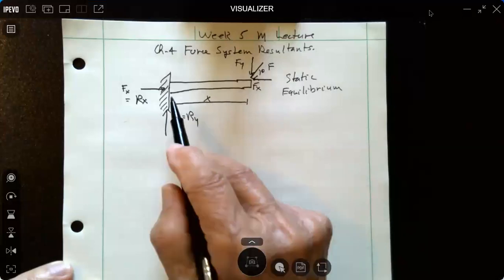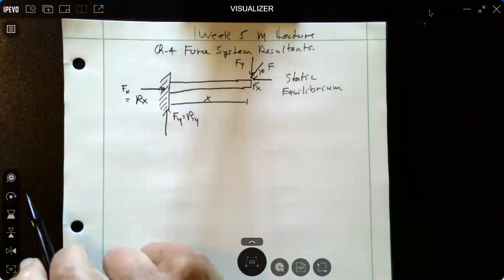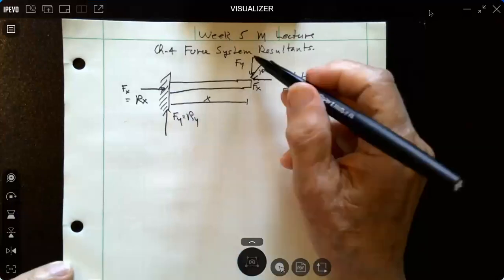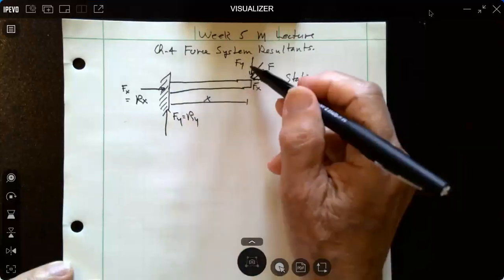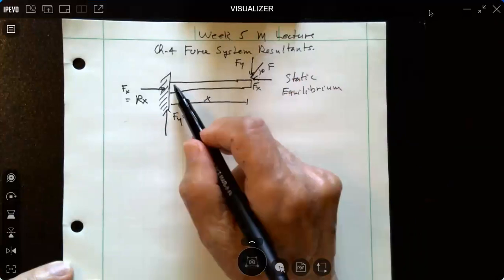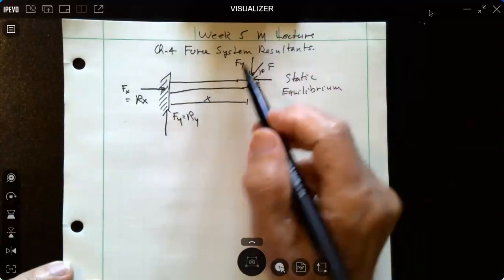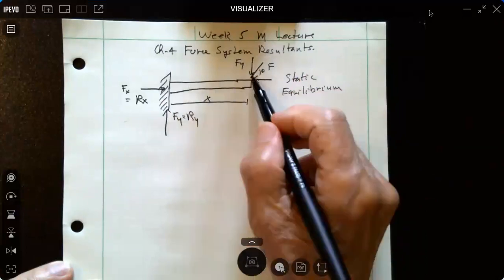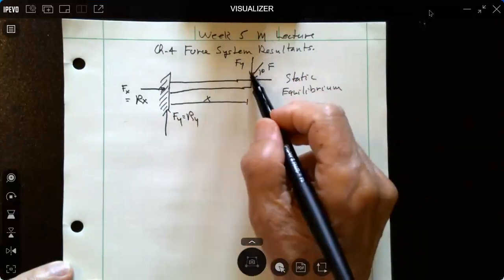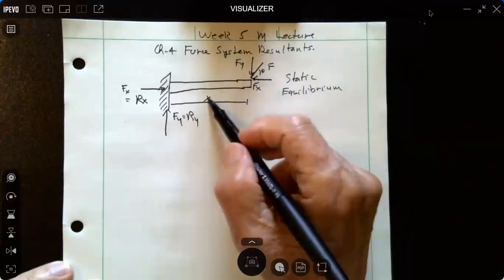There's one other thing happening at this support. This y component of force, this is a cantilever beam, causes this cantilever beam to sort of bend like this. So it's creating a moment that's causing bending in this beam. Rotation. And that moment is equal to F sub y times x. It's a moment arm.